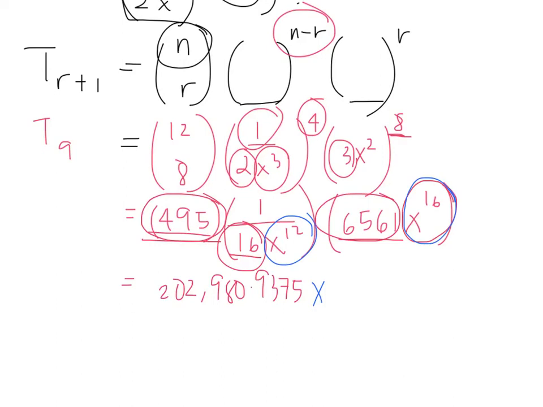Go back to the rules on exponents. Imagine if you have x to the 16 over x to the 12. What is the simplest form? How do you simplify that?